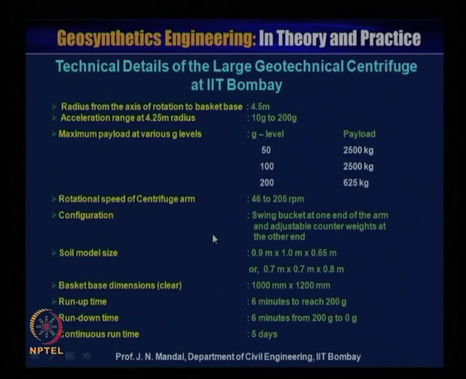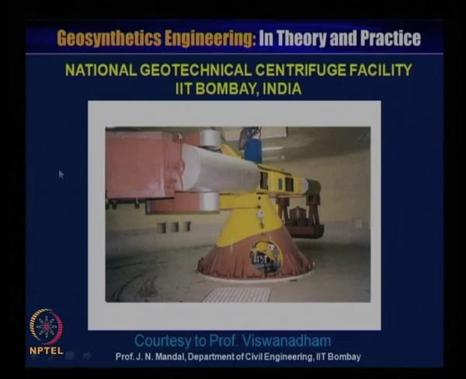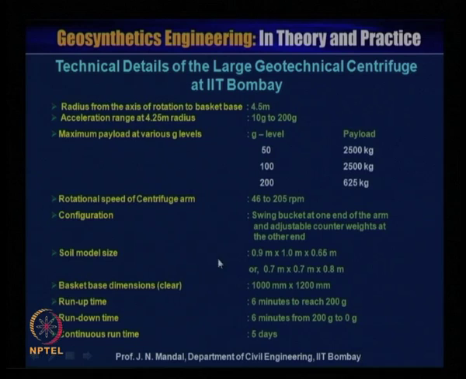For the soil model size, you can place the model here and the counterweight is here. The model size is 0.9 meter by 1 meter by 0.65 meter, or you can make 0.7 meter by 0.7 meter by 0.8 meter.